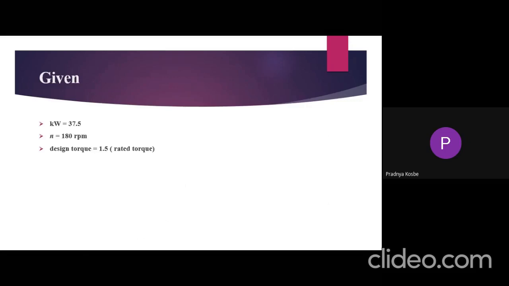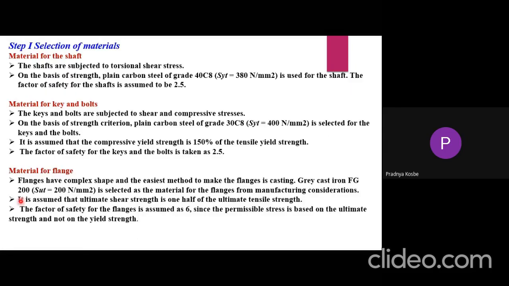While designing, first we have to select the material for each and every component of the assembly of that machine component. So step 1 in any design is the selection of materials.